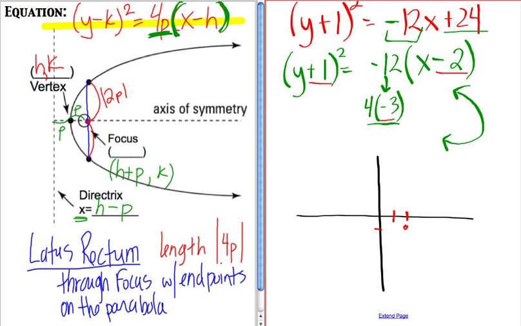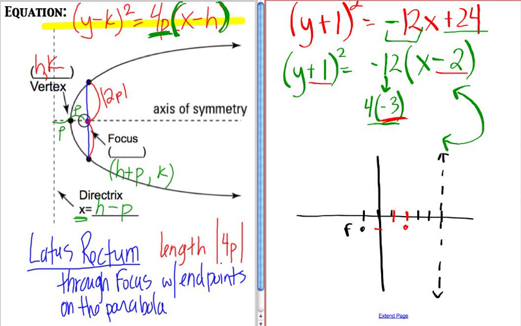My distance of 3 here, or negative 3, tells me that I'm going to add on negative 3 from my vertex to get to my focus point. So my focus is in here. And I'm going to subtract off negative 3 to get to my directrix. So my directrix is over here.